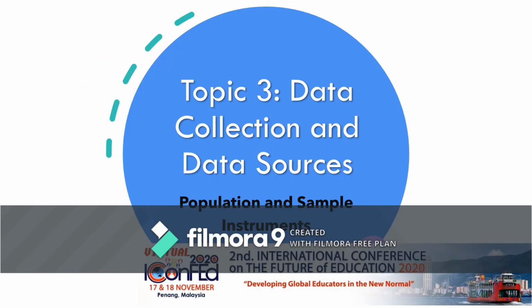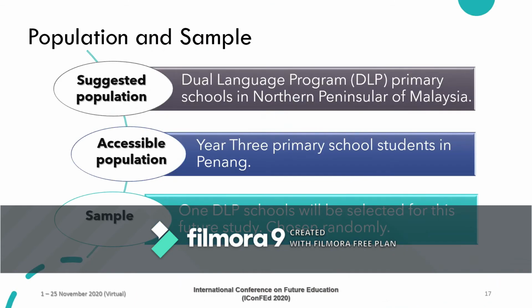Topic 3. Population and samples, also instruments. Suggested population is dual language program or DLP primary schools in Northern Peninsula of Malaysia, while sensible population is year 3 primary school students in Penang.